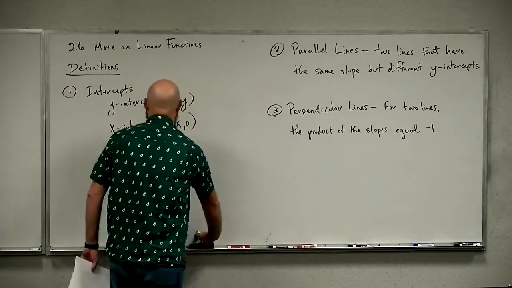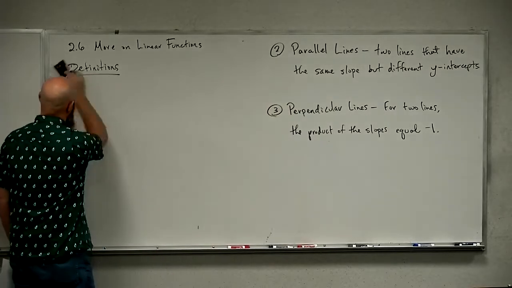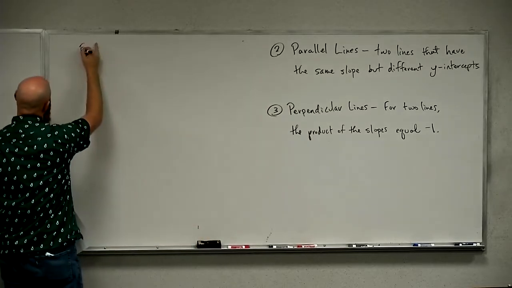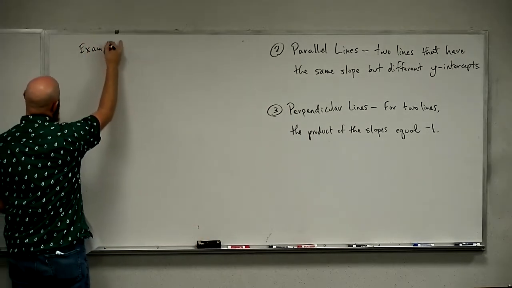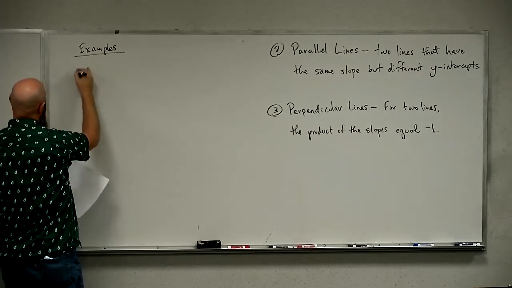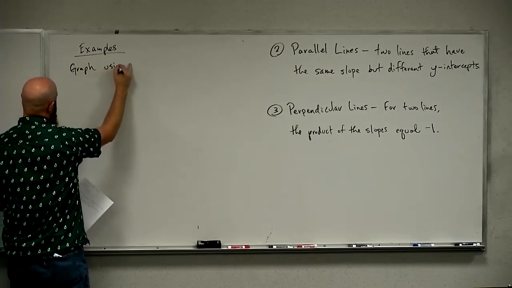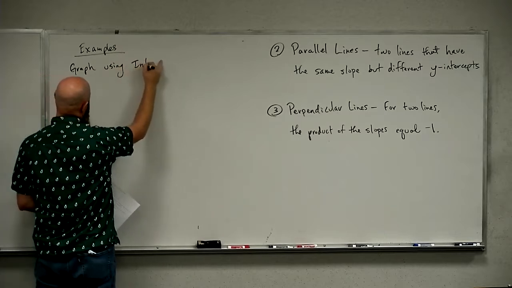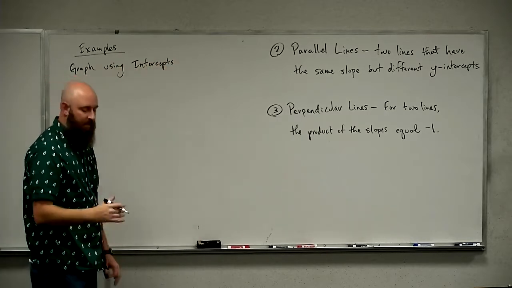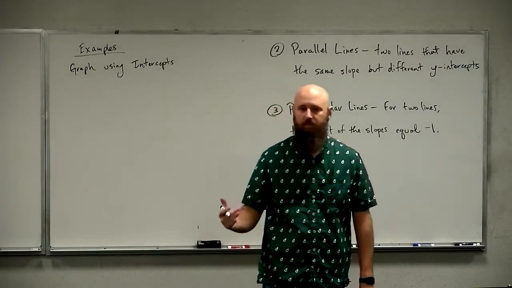Okay. All right, so let's look at some examples here and see what we're going to do using this information. All right, so let's graph using intercepts. Now, in Pearson, if it gives you specific instructions on graphing, you have to do it that way.